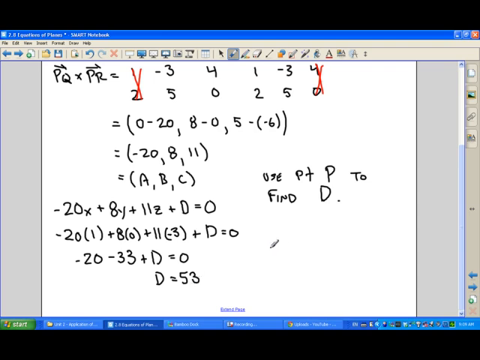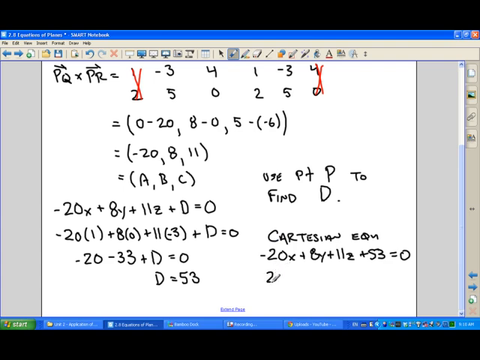So now I can say that my Cartesian equation is negative 20x plus 8y plus 11z plus 53 equals 0. However, we need to follow proper form for Cartesian equations, and proper form tells us that the a value has to be positive.